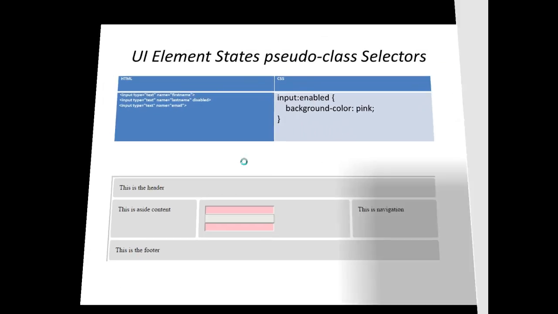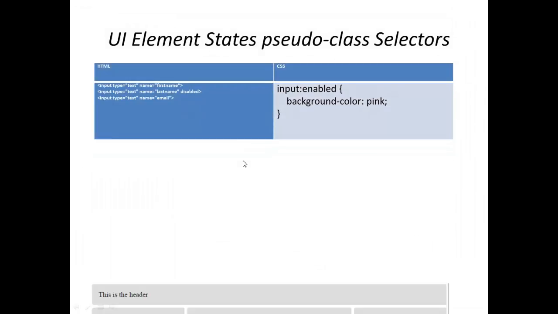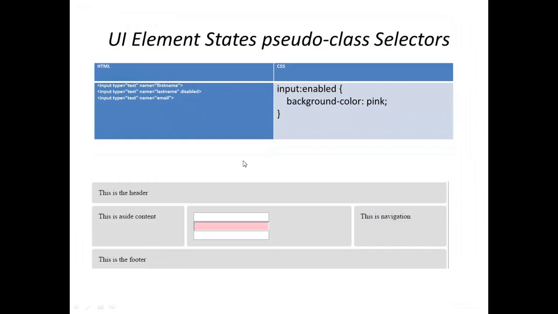So that's how that works. Now, here's another example of input enabled. Input enabled with the background color of pink is on the second one. So if you look at the input type text, name, last name. Okay, so this particular graphic is backwards.